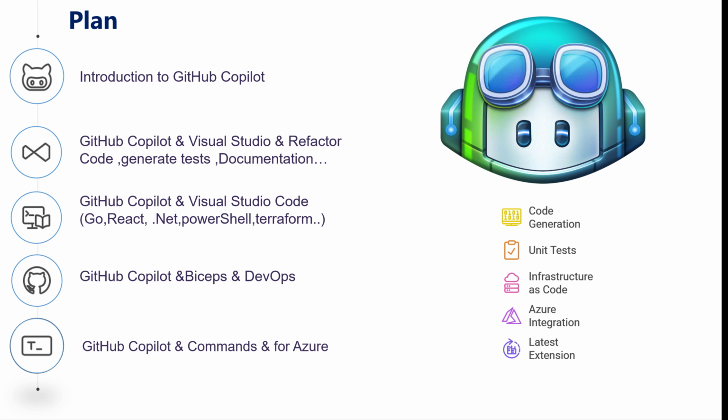We will see how GitHub Copilot can help us create Bicep code and deploy our Infra using GitHub Actions to the Azure portal. And at the end, we will see the new extension, which is GitHub Copilot for Azure.